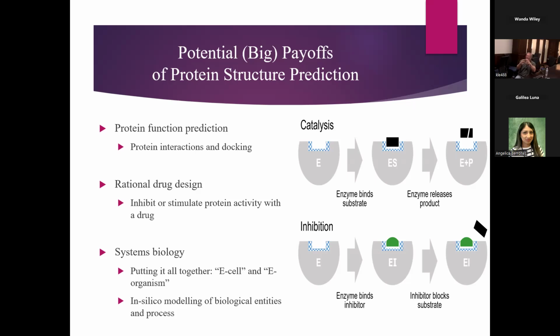And these things are globs. And so they have to find a way for the two globs to be able to come together. And if one glob has something poking out of it that blocks the other glob from interacting with it, then they can't come together. So these proteins have to find a way to interact and then dock and stay together as they carry out their specific functions.